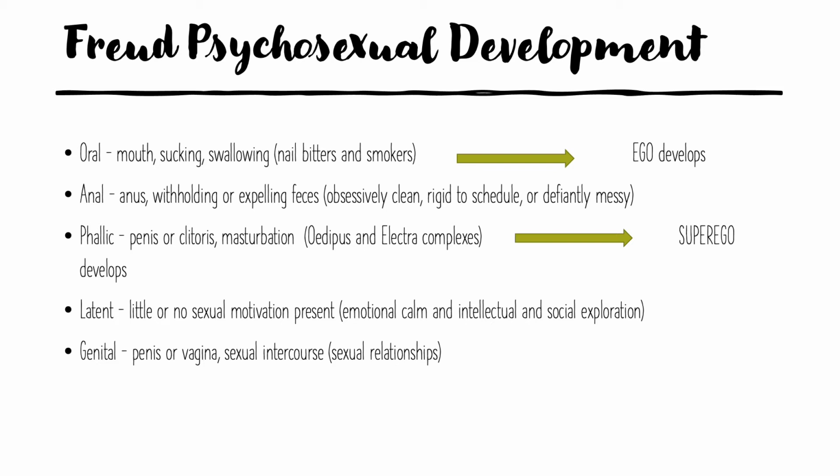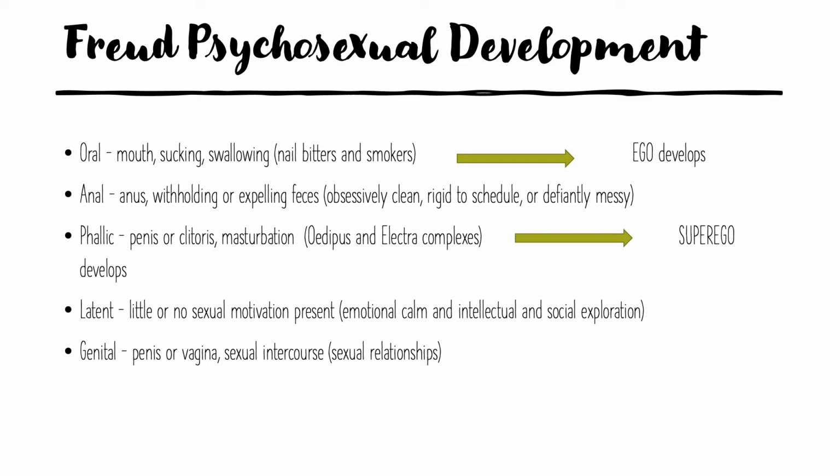This isn't it. This internal battle can cause conflicts, and these conflicts occur in 5 predictable stages: oral, anal, phallic, latent, and genital. How one progresses through the first 3 stages and the level of gratification impacts the adult personality.